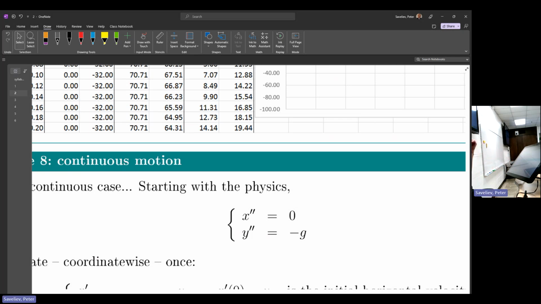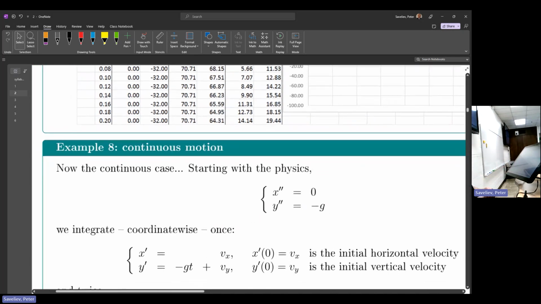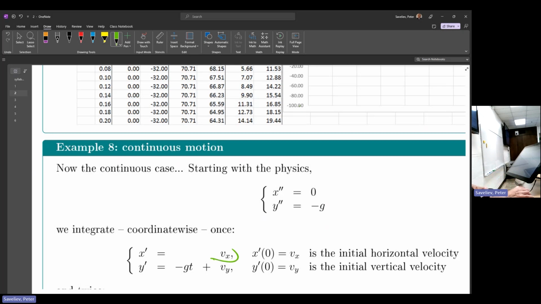If x double prime is 0, then what is x prime? Constant, right? So depending on your initial velocity, it will remain the same, so it's constant. And with the second one, negative g, when you integrate, you end up with a linear function for the velocity. Once again, the initial velocity is present as v sub y.